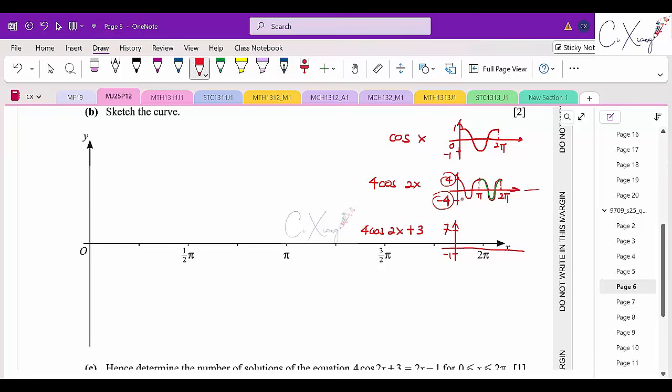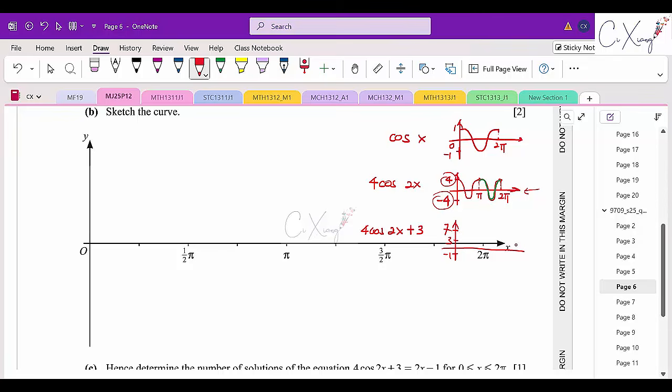And the x-axis, originally the center line of your cos graph, you have to move it up by 3. So 0 plus 3 is 3. That means your center line here will be 3. And it has 2 cycles of the cos graph, because we're having cos 2x. So now you roughly know how the graph looks like already.